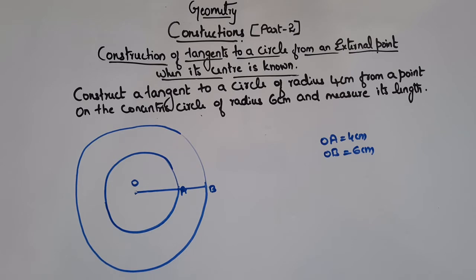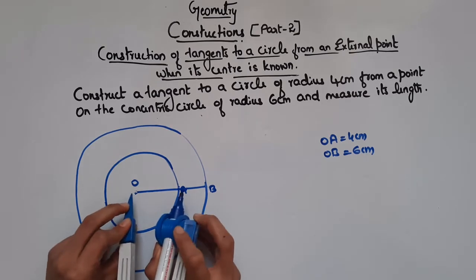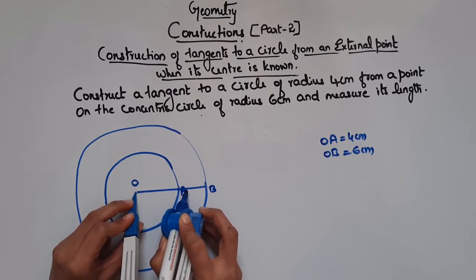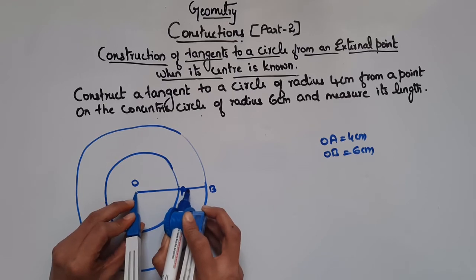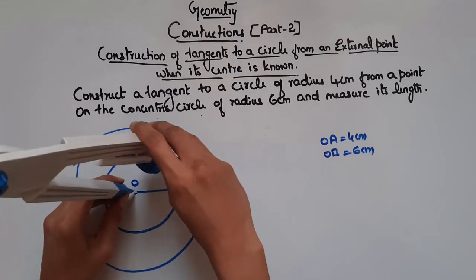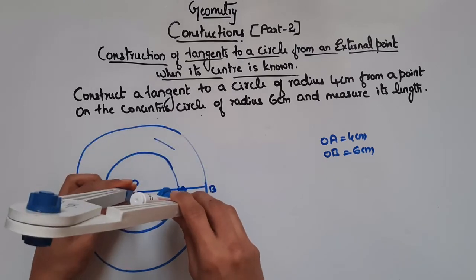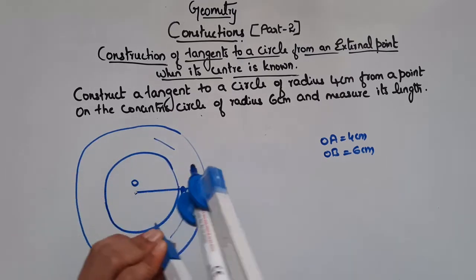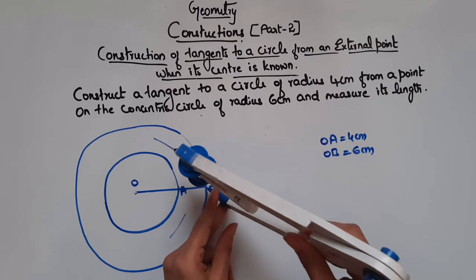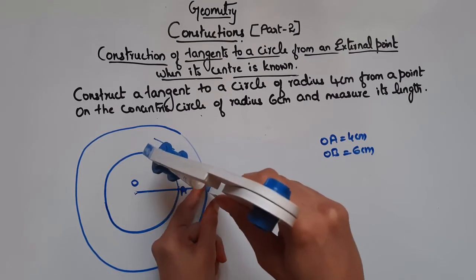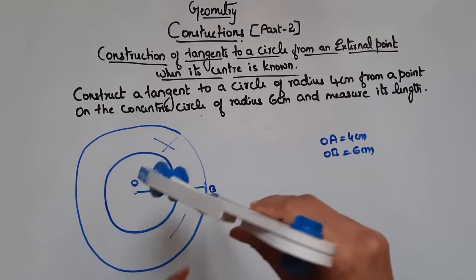So the next step is to take the perpendicular bisector, that is, you have to take a length more than half like this and cut like this. Now the same length you will keep at point B and cut like this.